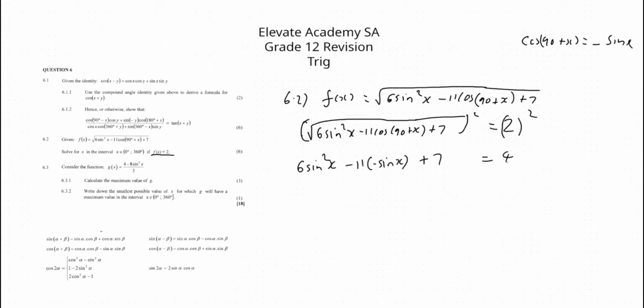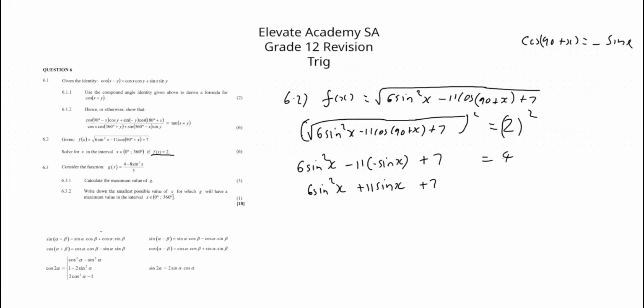So now I'm just going to rewrite this side. 6 sine squared x. Negative times a negative gives us a positive 11 sine x plus 7. And now we can see that this is a trinomial because we have a squared x, an x, and a constant.